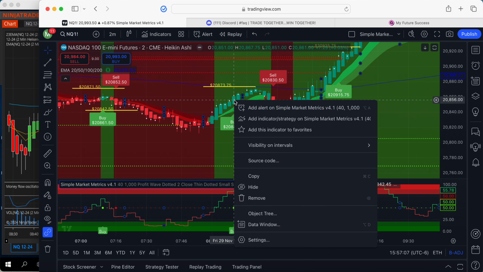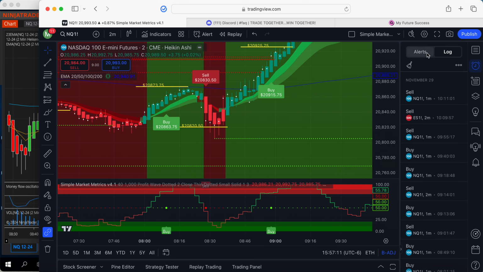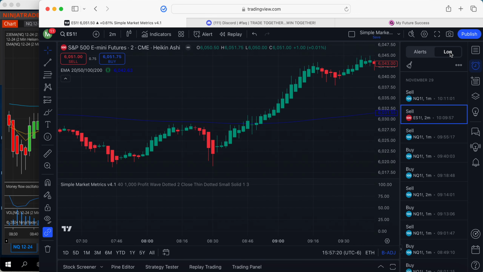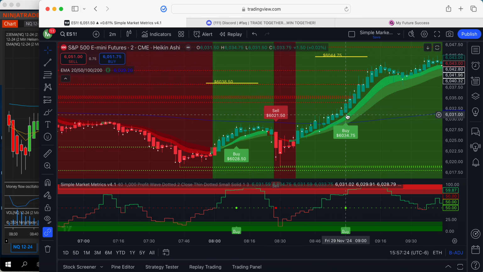So you can add an alert. I already have those alerts over here. Here are my alerts set for NQ 1 minute, NQ 2 minute, ES. You can go in here and add an alert.